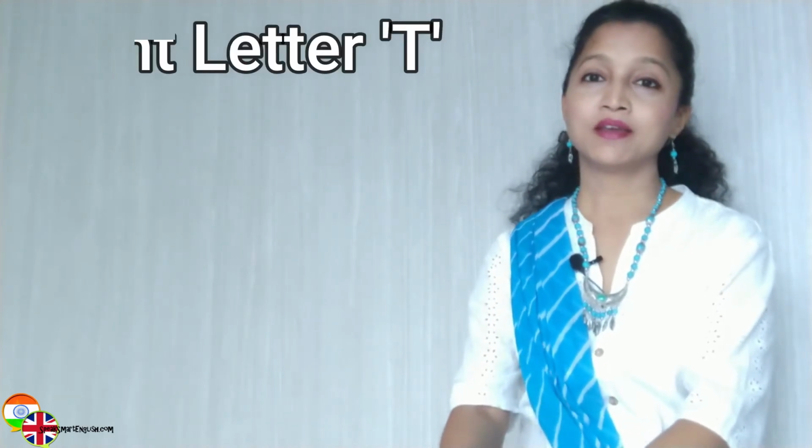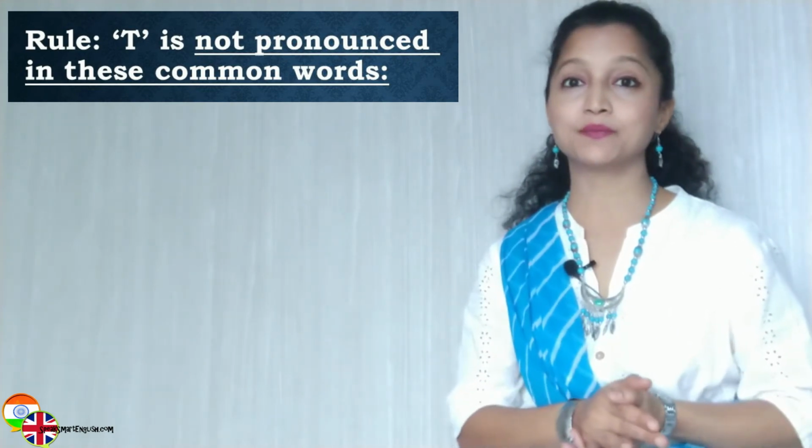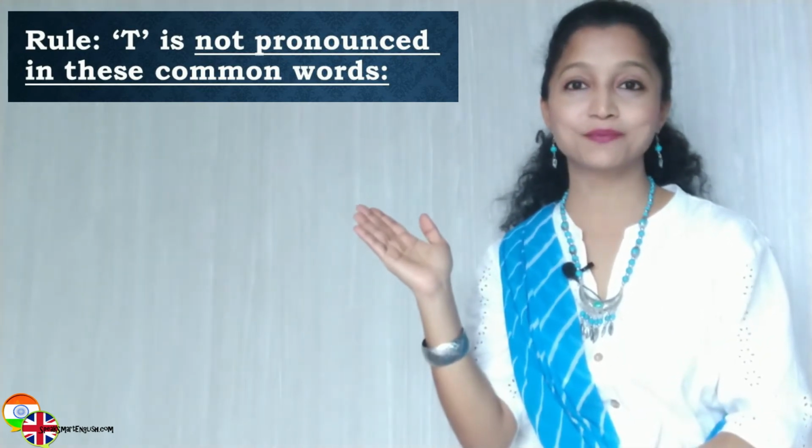The next one is letter T. In this case, there is no particular rule. We just need to remember that there are several words in which we don't pronounce T. Here is the list.